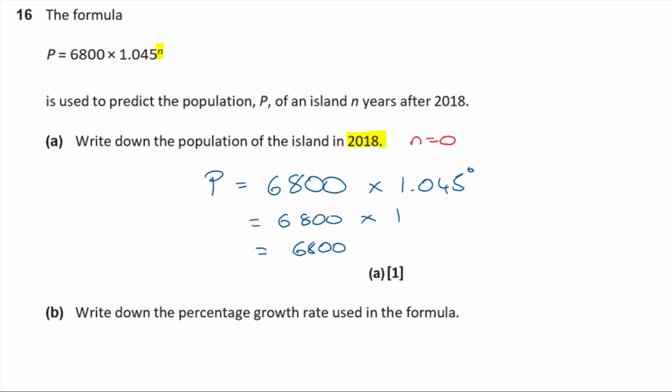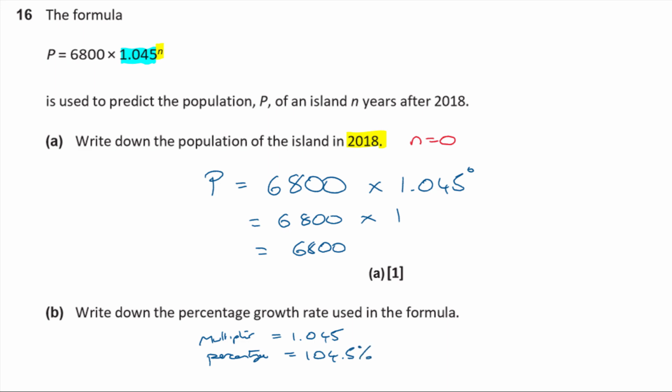Okay, write down the percentage growth rate used in the formula. Well, it comes from here, isn't it? 1.045 is the multiplier. So the multiplier is 1.045. So the percentage is 104.5%.